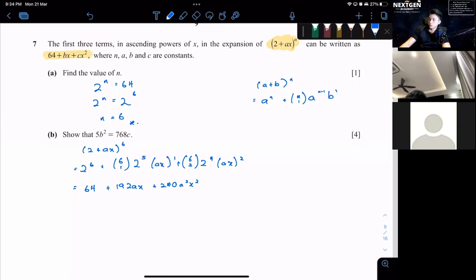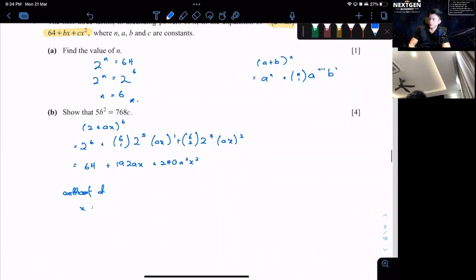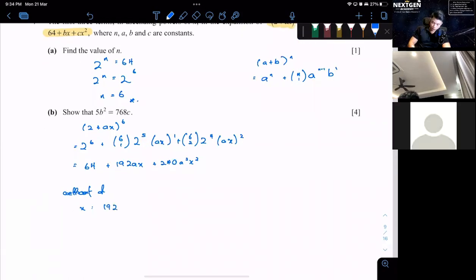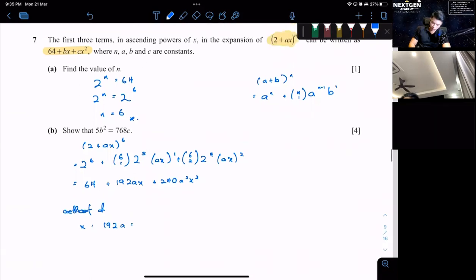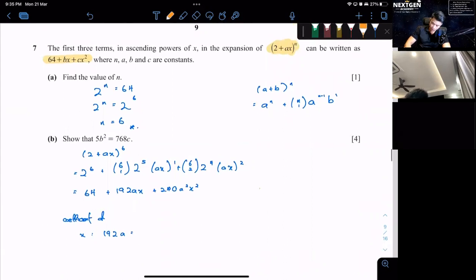Okay, then what do we need to do here? We need to compare the coefficients. So your coefficient of, let's say, x will be what? 192a equals to, we have to compare with the term that is given to us: 64 plus bx plus cx squared.